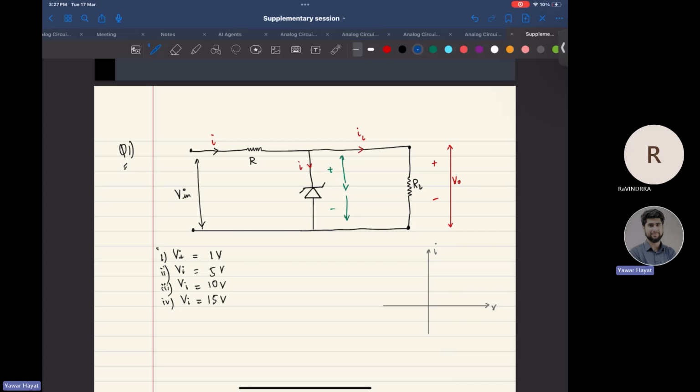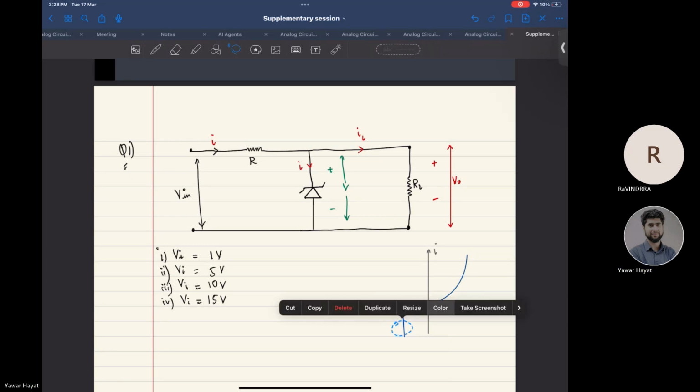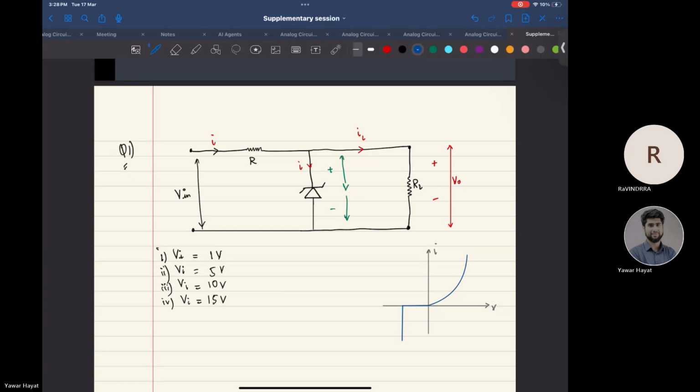This is how the characteristics would look like, something like this. And this would be the breakdown voltage, right? Minus VZ.